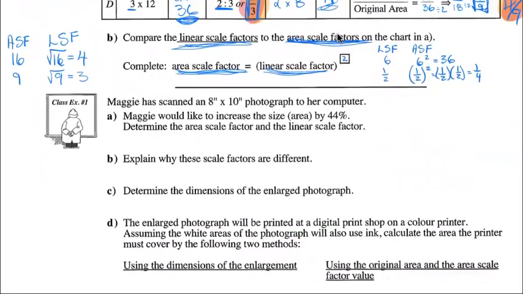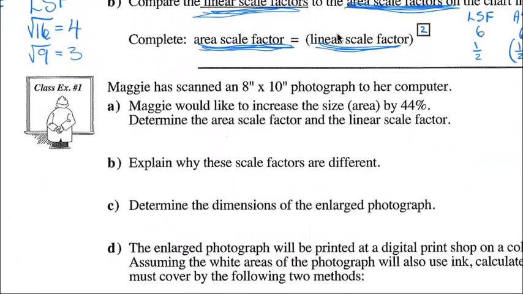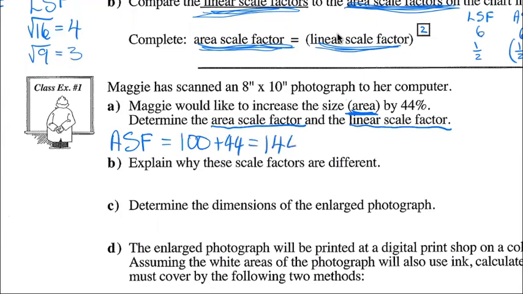Example 1. Maggie has scanned an 8 by 10 photograph to her computer. Maggie would like to increase the size area by 44%. Determine the area scale factor and then the linear scale factor. Okay, so the area scale factor, ASF, is going to be 100% plus the 44%, or 144%, or as a decimal, 1.44.